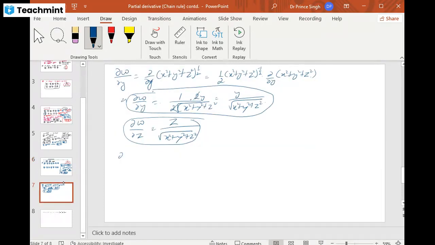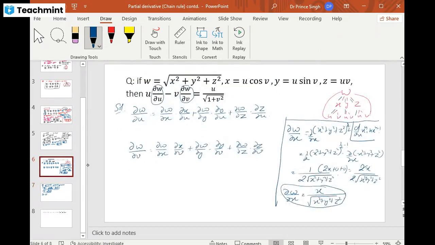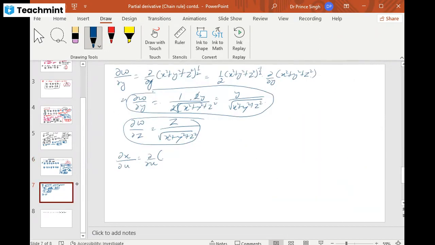So we are given that, let us calculate ∂x/∂u. This is ∂/∂u of x, which is u cos v. If we differentiate with respect to u, then v is constant. Its value is cos v. And the derivative of x with respect to v is ∂/∂v of u cos v. If we differentiate with respect to v, then u is constant. Derivative of cos causes a minus sign.